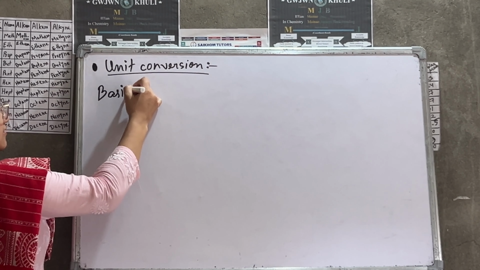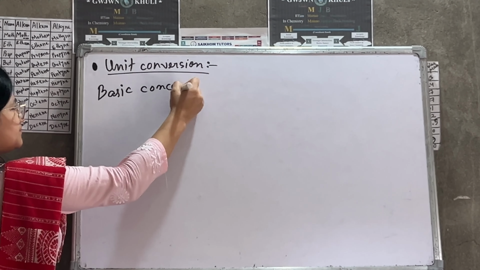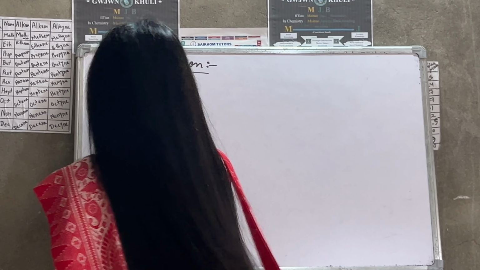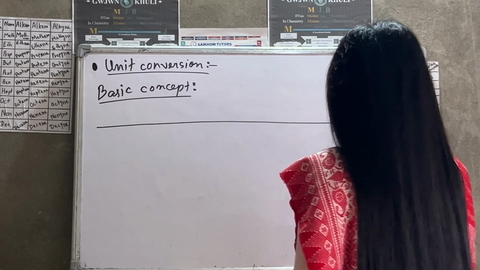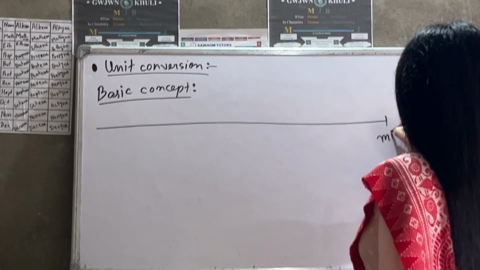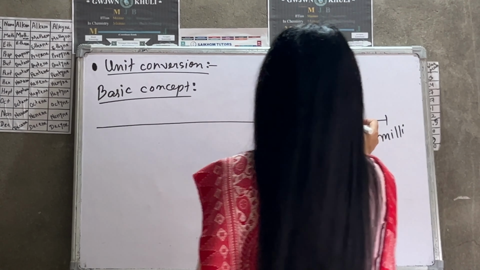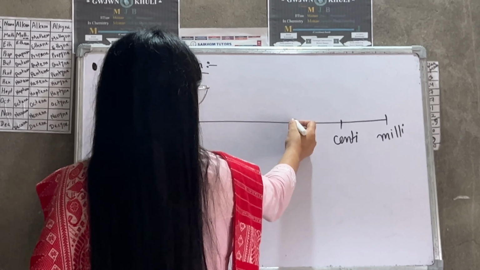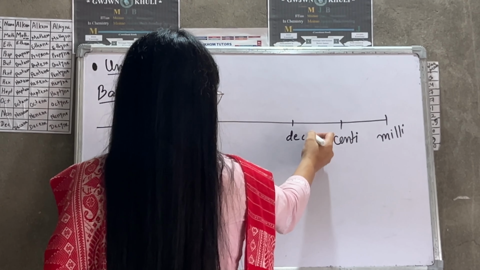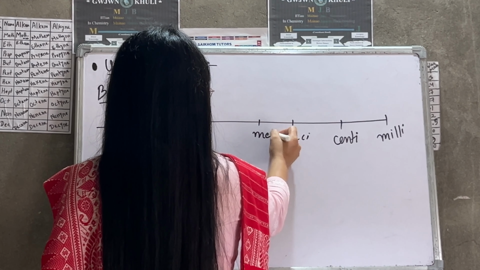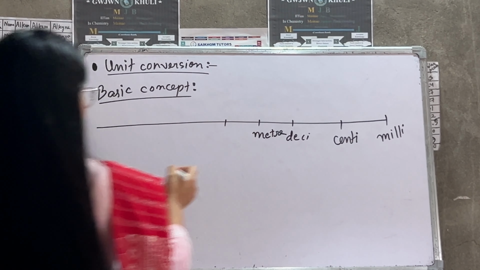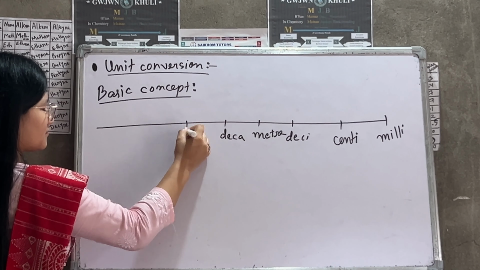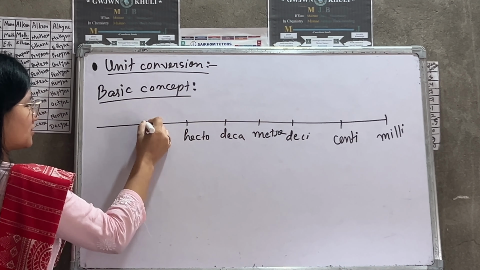Basic concept. In the basic concept, what we know is that starting from milli, after that centi, after that deci, and meter, and meter, deca, hecto, kilo.